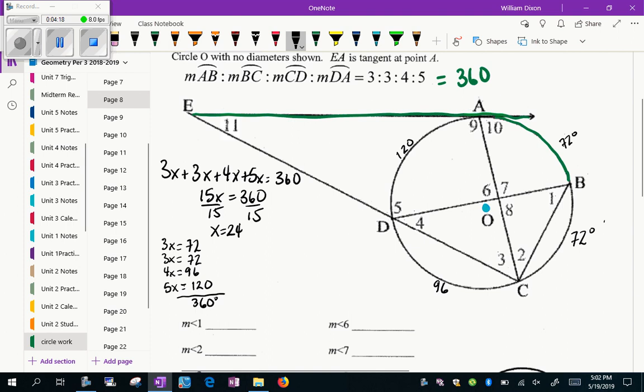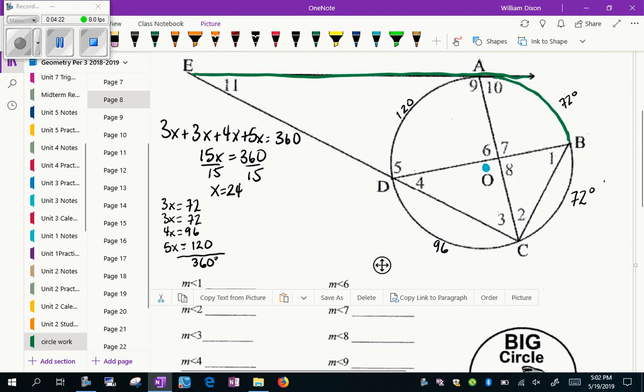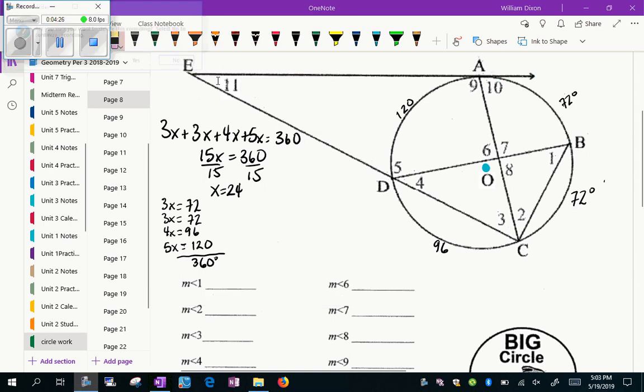Now that I have those measurements, I can start looking at some of the missing angles that I'm looking to find. All right, so I'm looking at angle 1. Its vertex is on the circle.